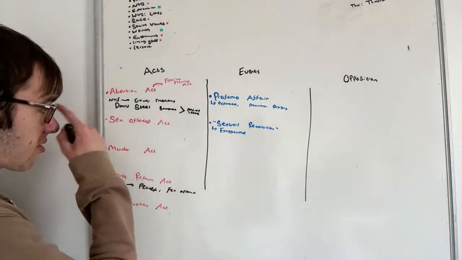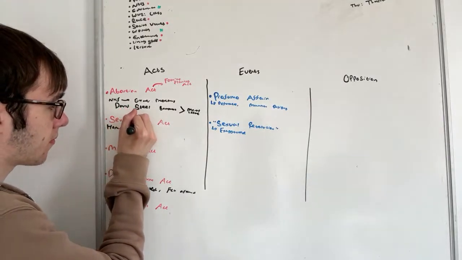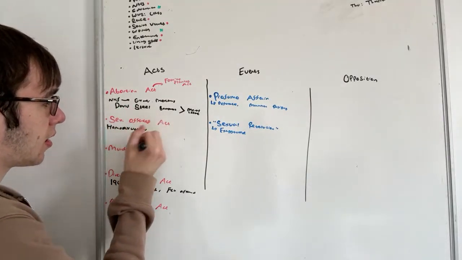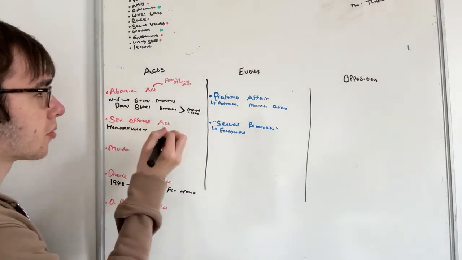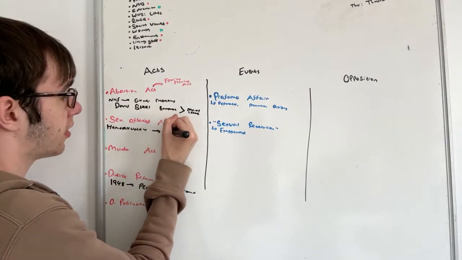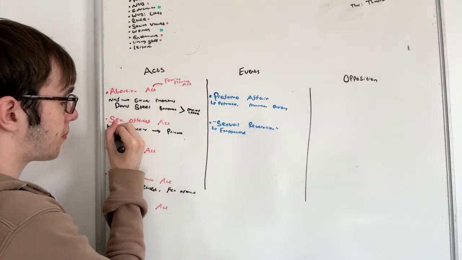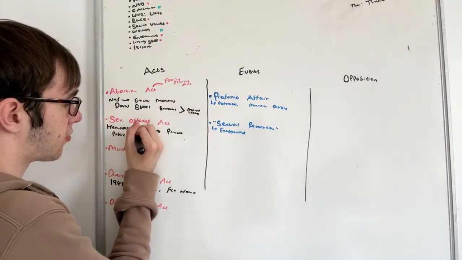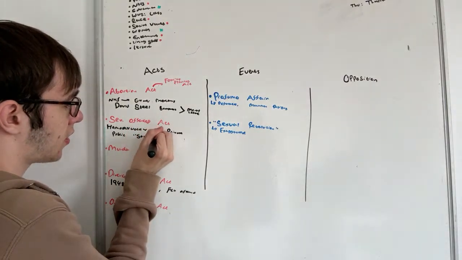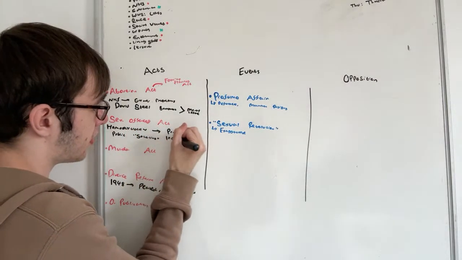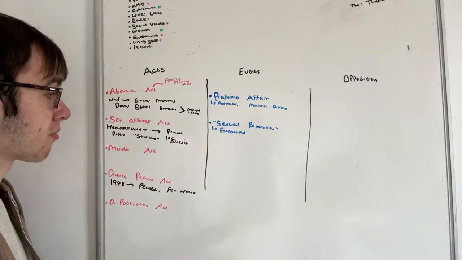The Sexual Offences Act is this idea that homosexuality was allowed in private, but if you did it in public, you could be arrested for soliciting, which actually increased the number of arrests for homosexual couples.